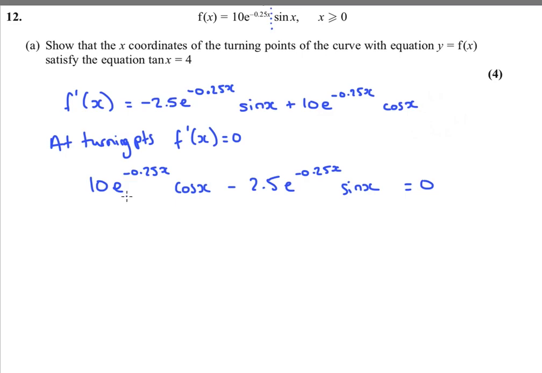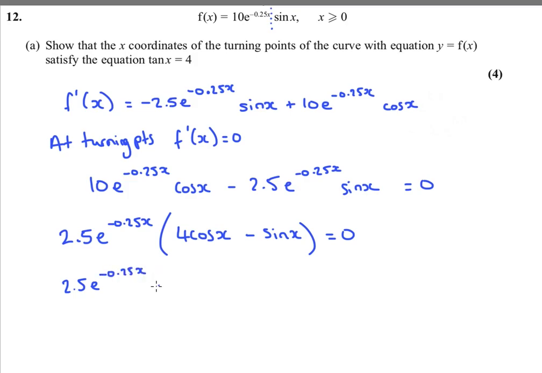Let's take out a factor of 2.5 e to the minus 0.25x, which gives me 4 cos x here, and then minus sine x here. So to find the turning points, because we've now got a product equaling 0, either this is 0 or 4 cos x minus sine x equals 0.